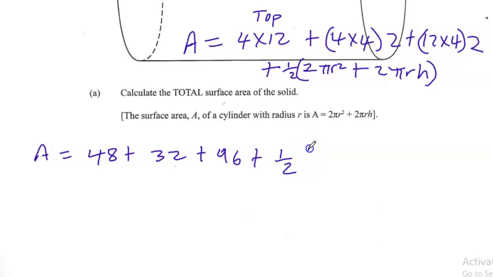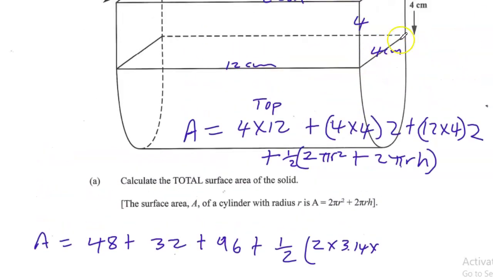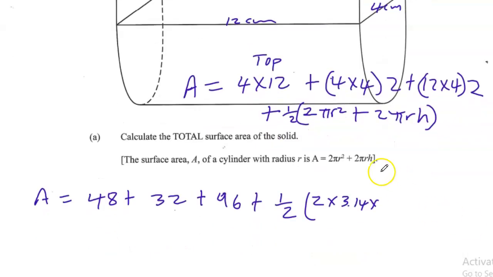Plus half of 2 times pi. Pi is 3.14 times r. Let's get the radius now. The diameter here is 4, so the radius will be 2, half of the diameter.